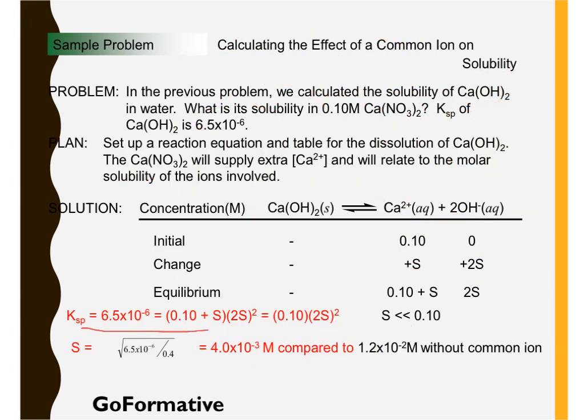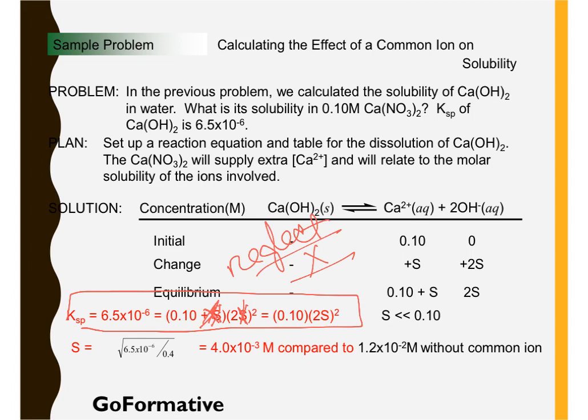So here it is again. Now, we've talked about X before. These types of problems tend to use S just because of solubility, but it's the same thing as X. So in most cases, it's going to be perfectly fine to neglect X. Now remember, you can only neglect X when it's added to or subtracted from a larger number.